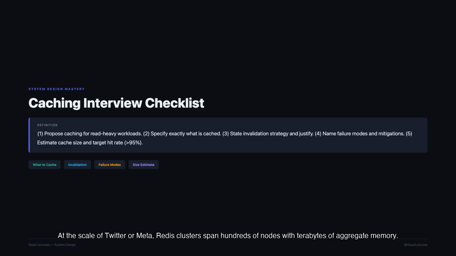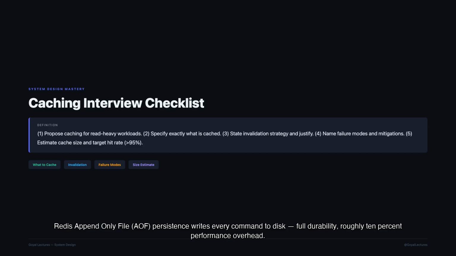Redis persistence options. By default, Redis is purely in-memory and loses data on restart. Redis append-only file, AOF, persistence writes every command to disk. Full durability, roughly 10% performance overhead. Redis RDB snapshot persistence saves point-in-time snapshots.